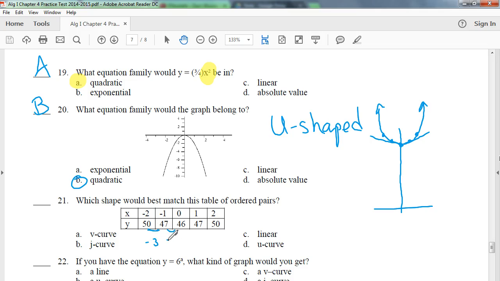The difference here is only 1. This is positive 1, and this is positive 3. So since those differences don't match, it is not linear, which means it's also not V-shaped. It's clearly not going to be a J, and that leaves us then with the U-curve yet again. So this is a D.